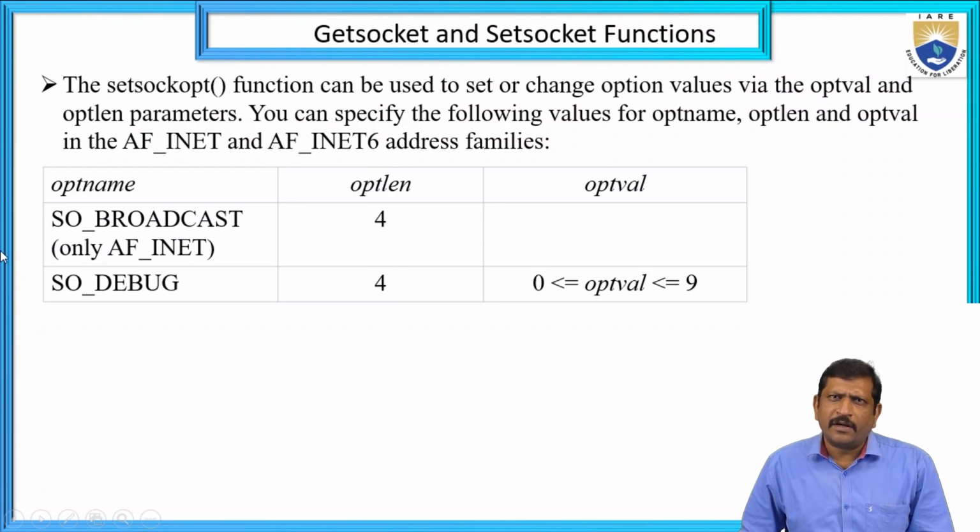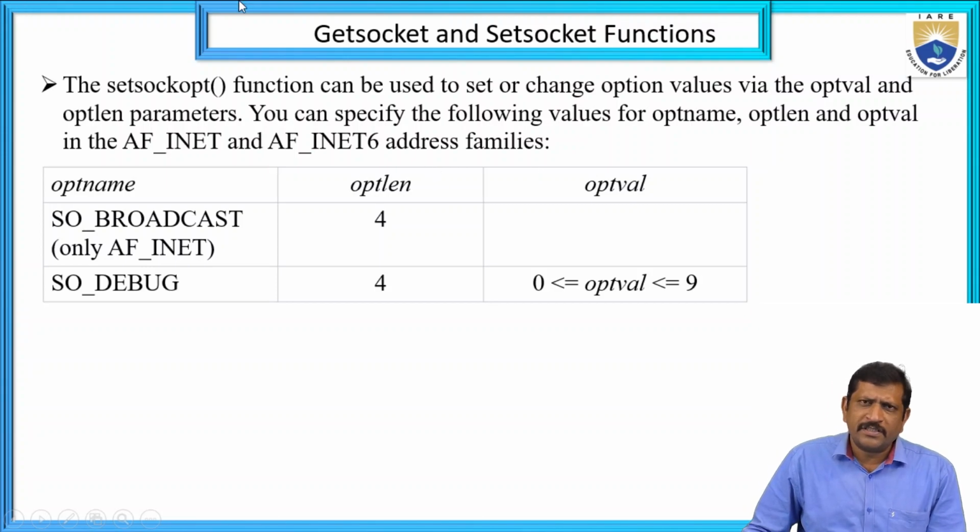Whenever we are using setsockopt as a function to set or change the values via the optval and optlen parameters, you can specify the optname, optlen, and optval, that is the option value, option length, option name, in the AF_INET family and the AF_INET6 version 6 address family.